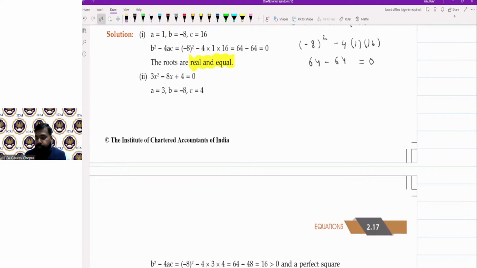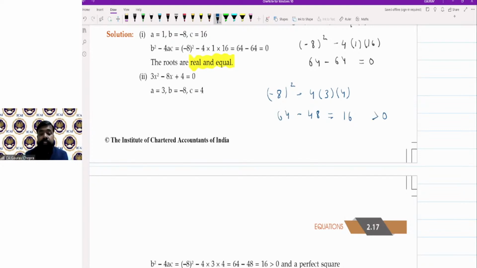Now the second one, 3x square minus 8x plus 4 equal to 0. So again, apply this: minus 8 square minus 4, a is 3, c is 4. So 64 minus 16 into 3 is 48. So this time the result is 16. Now b square minus 4ac is positive, that is greater than 0.